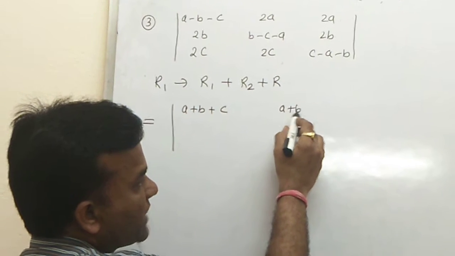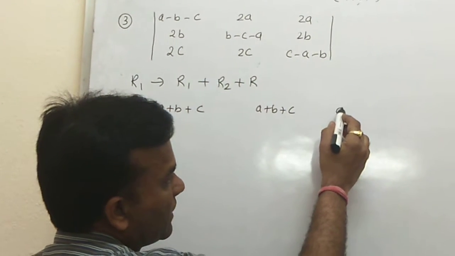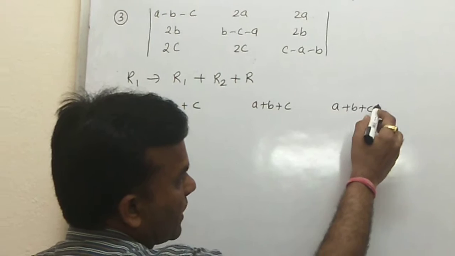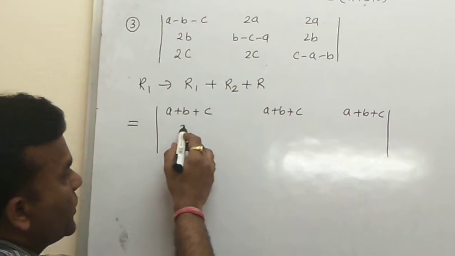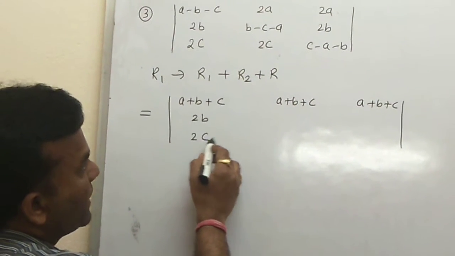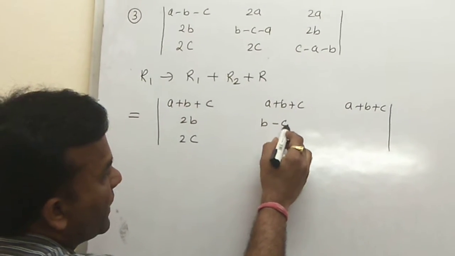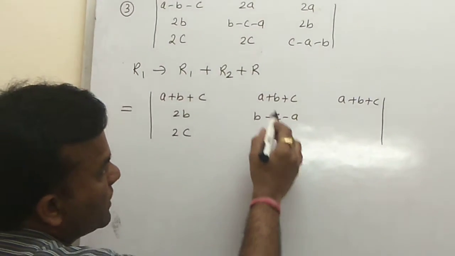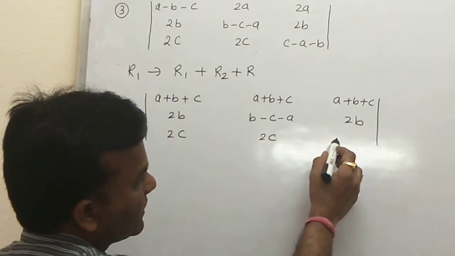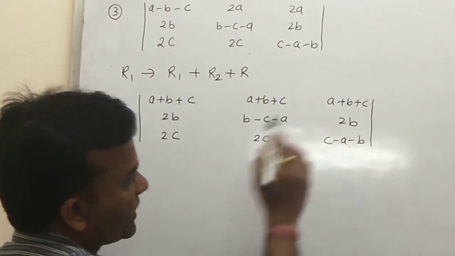Similarly, you have the same here: a plus b plus c, a plus b plus c. Then in r2 and r3 there is no change, because here we apply a single operation, so you put all the elements as they are: c, minus a minus b.